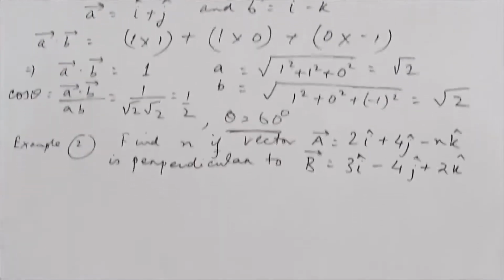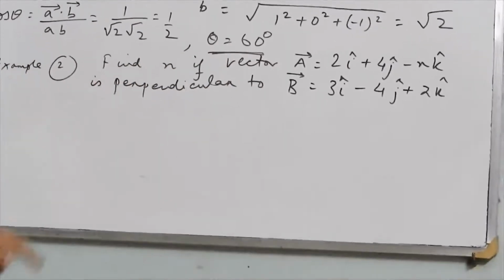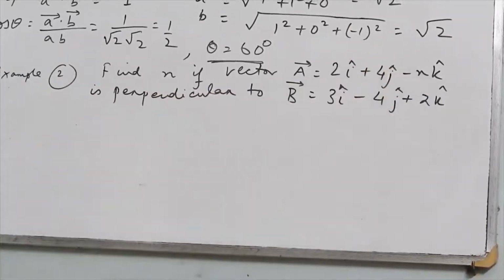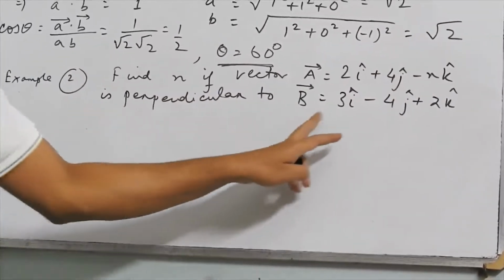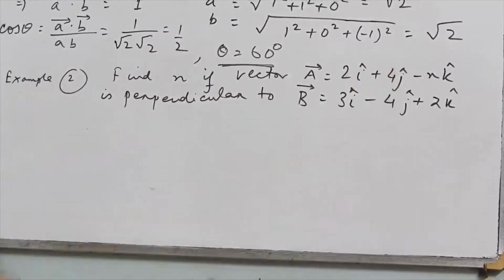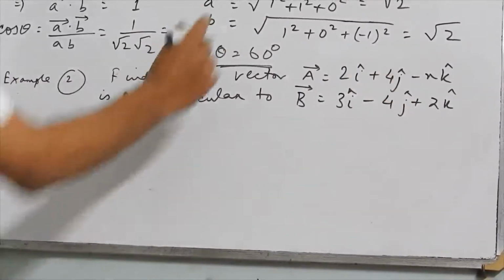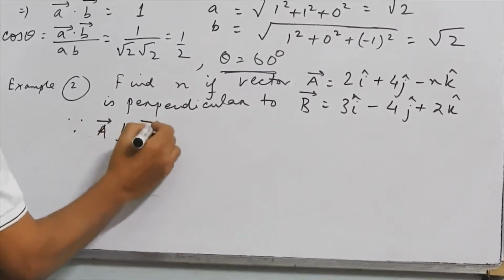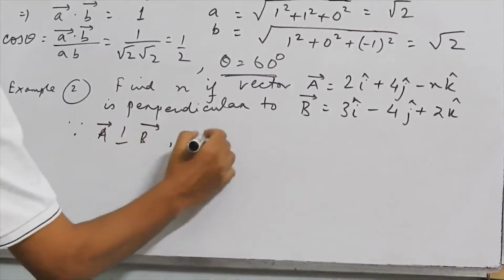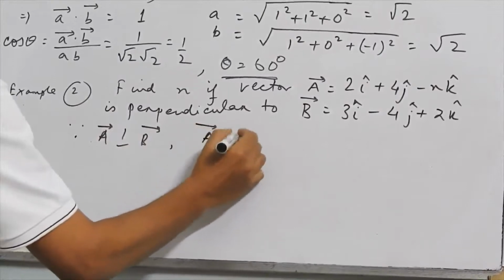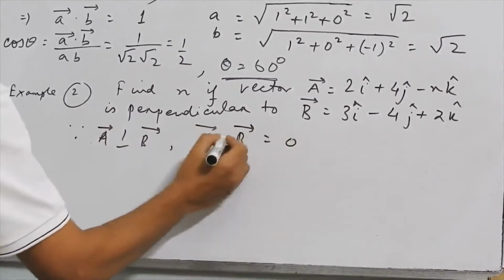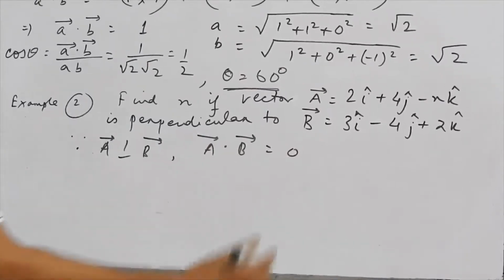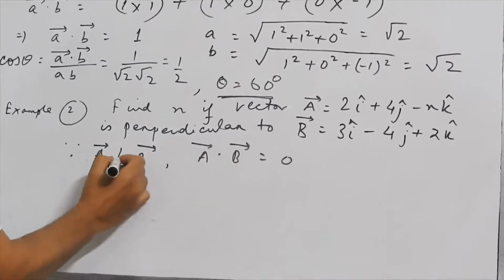Now the next question is you have to find n such that the vector A, which is 2i hat plus 4j hat minus n k hat, is perpendicular to B vector, that is 3i hat minus 4j hat plus 2k hat. Because the vectors are perpendicular, obviously you can say the dot product is 0. Because you know that the condition of perpendicularity or orthogonality is that the dot product of the given vectors is 0.